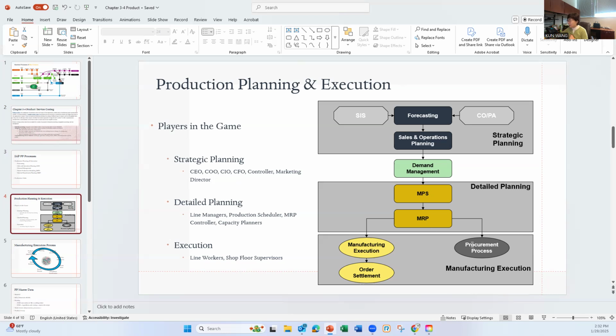And after the planning, we'll move to the execution stage, right? So you assemble all of the material and labor with all of the support of the overhead. So manufacture execution, settling the order once all of the products are finished. And then when we actually acquire the materials, you will need the procurement services for the materials.